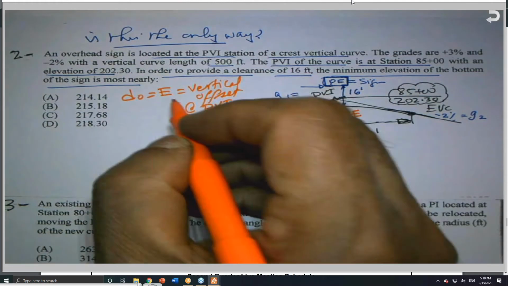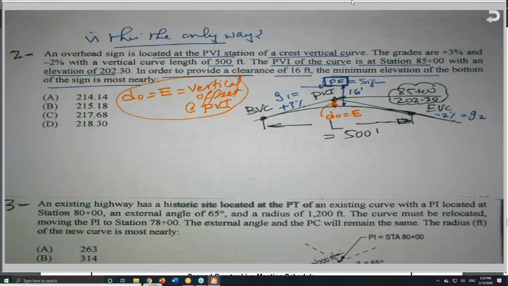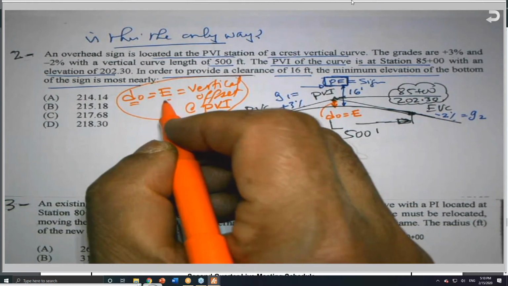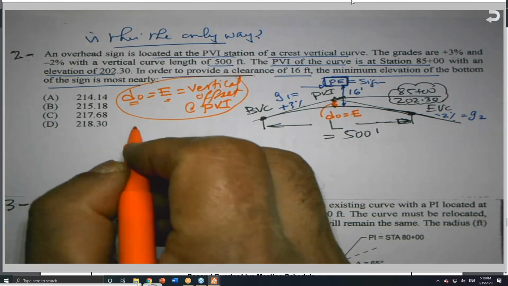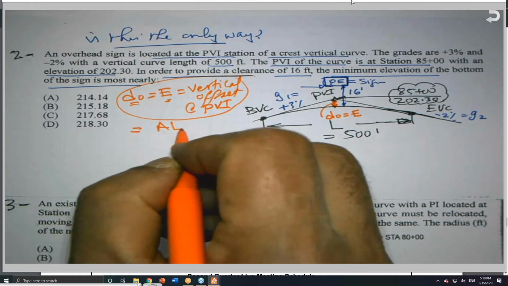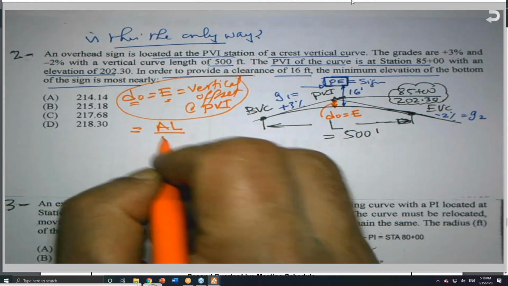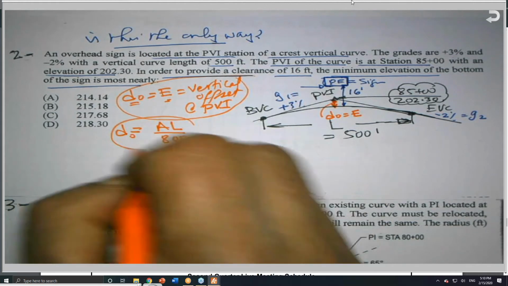So if you have any surveying book, including mine, I didn't invent surveying. I'm just presenting surveying. Do we have an equation for D sub O or E? You will find there is one equation. It says that D sub O, or E, is AL divided by 800.